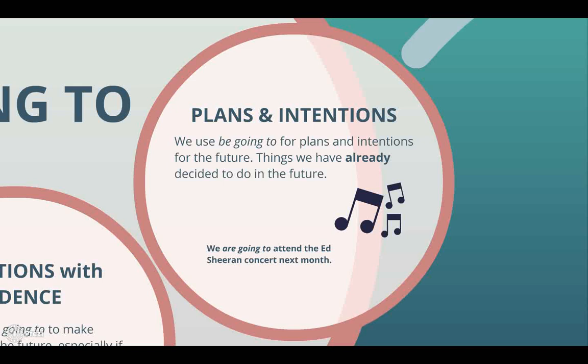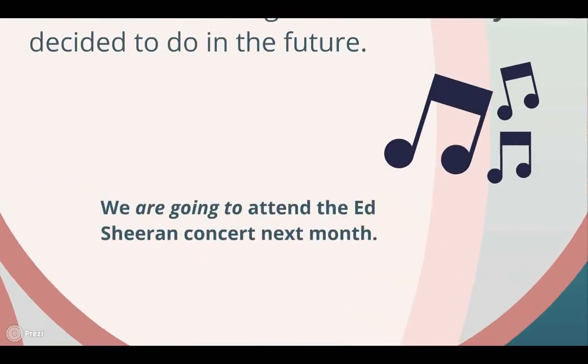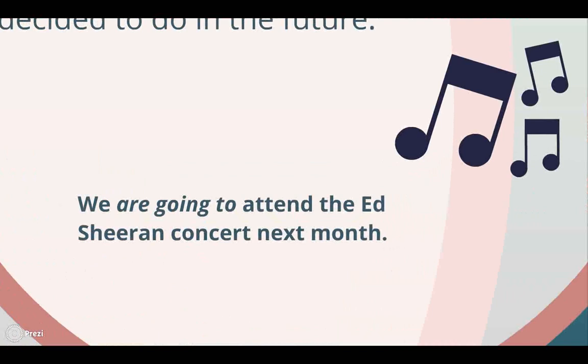So, as you can see here, these are things we've already decided that we're going to do in the future. So you can take this as an example. Let's pretend that Ed Sheeran is coming to do a concert in Slovakia. I really want to go to this concert, so I buy my tickets, I write the date on my calendar, I make a plan that I'm going to go to this concert, and this is a situation where I would use the form be going to.